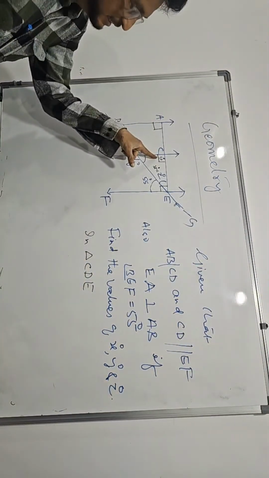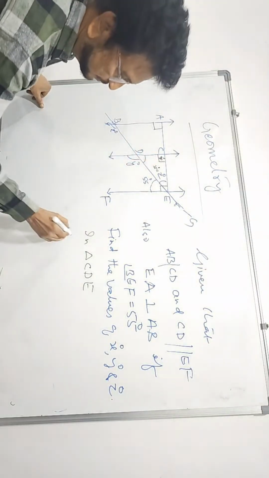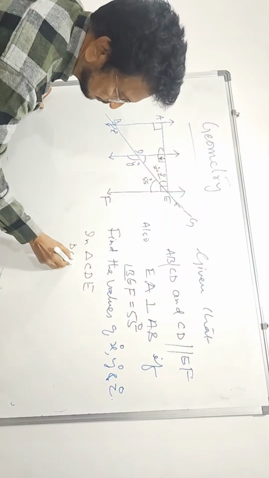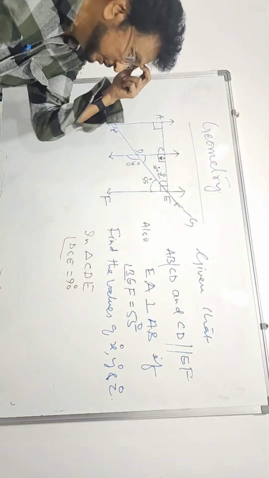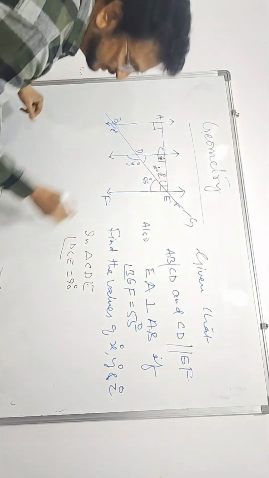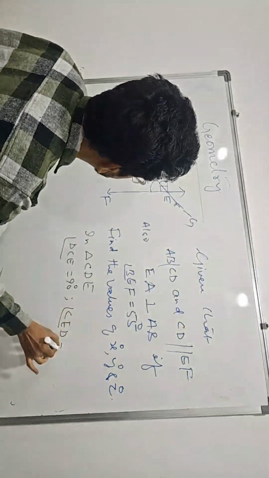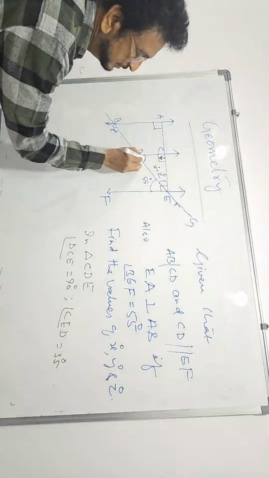Angle C is 90 degree, means BCE angle is 90 degree. This angle Z we found, CED. Angle CED we found 35 degree. Now this remaining third angle is left.